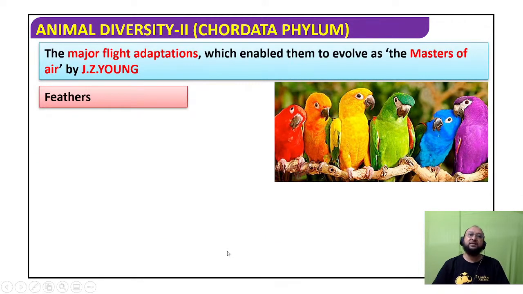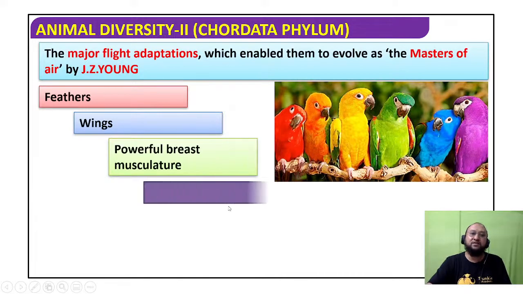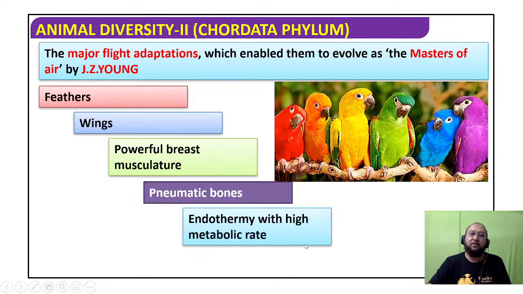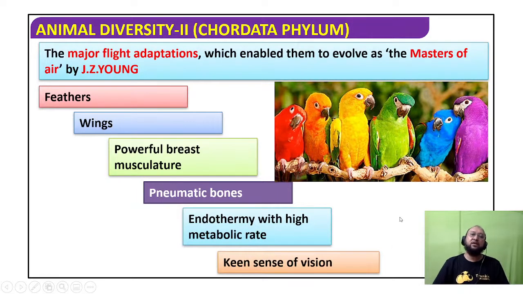Major flight adaptations which enable them to evolve as masters of the air, by J.Z. Young. J.Z. Young is a very famous zoologist who has written books and done many researches on different animals. The feathers, wings, powerful breast musculature, pneumatic bones, endothermy with high metabolic rate, and keen sense of vision.